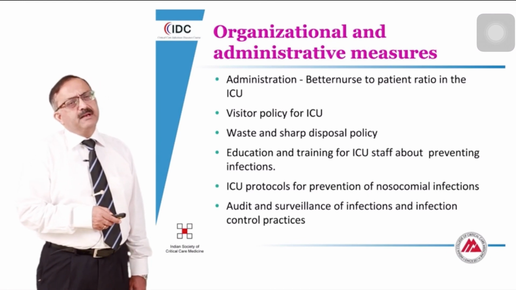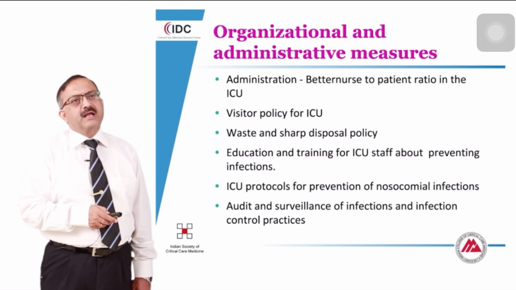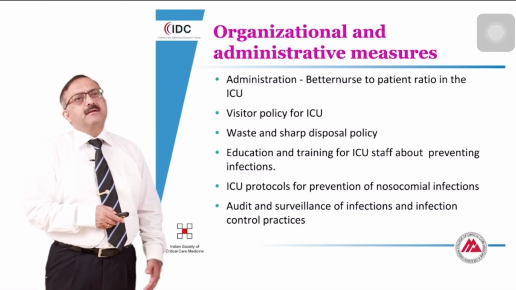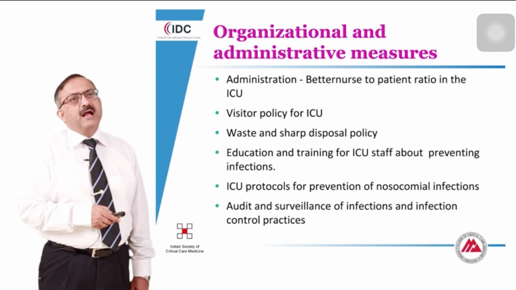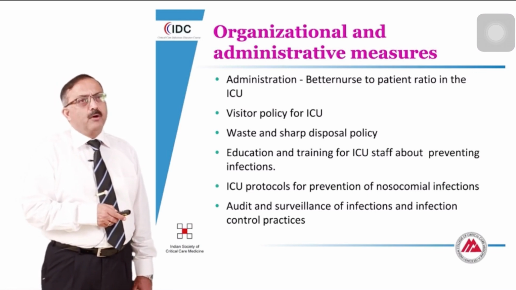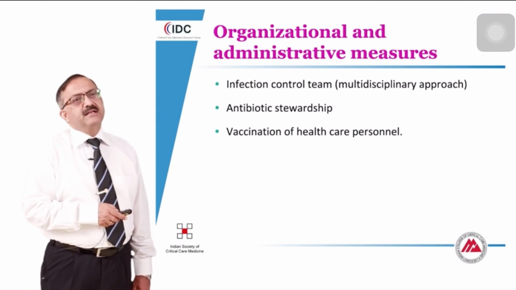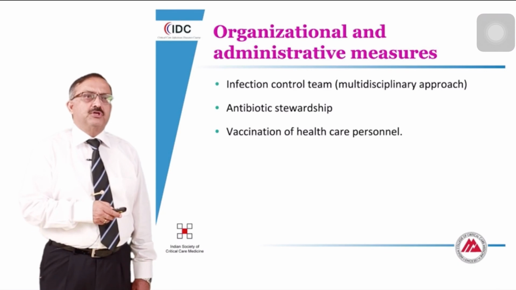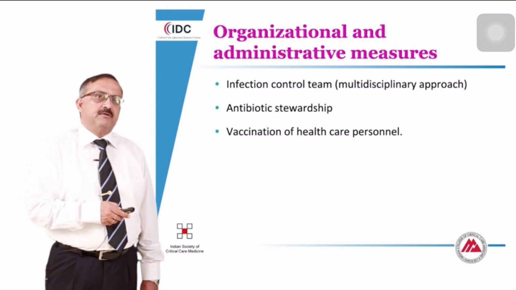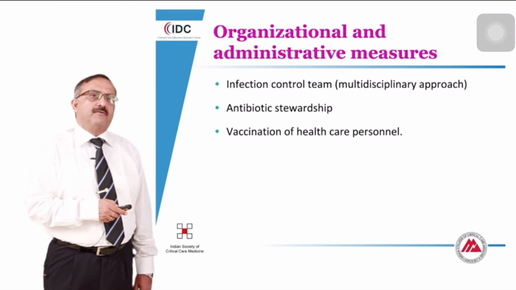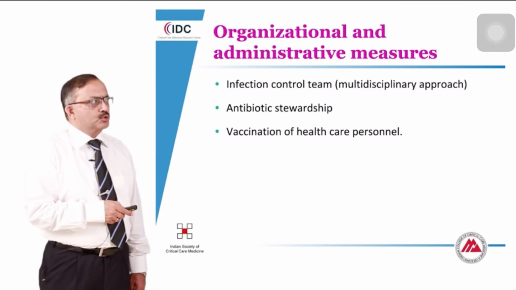This is extremely important. Microbiological surveillance of the ICU organisms gives us feedback to start empiric therapy and an idea of what kind of organisms prevail in your particular environment. Antibiotic stewardship is an important component of infection control, so that antibiotic usage is done as per the stewardship and with a lot of discussion and discrimination rather than random use.